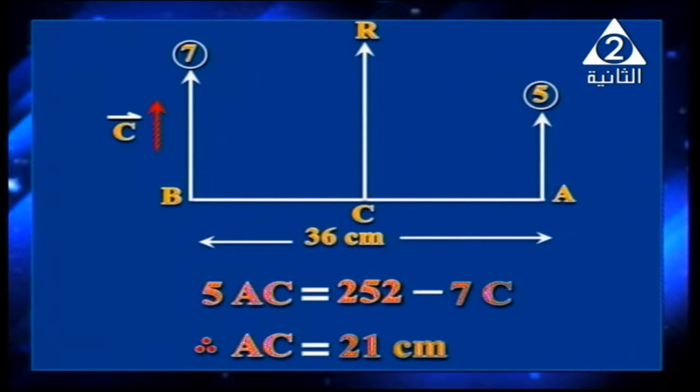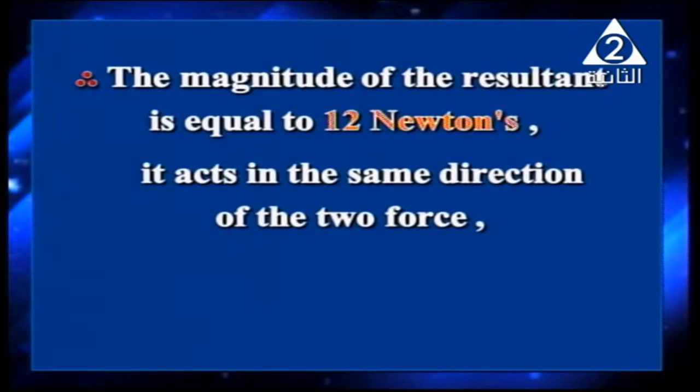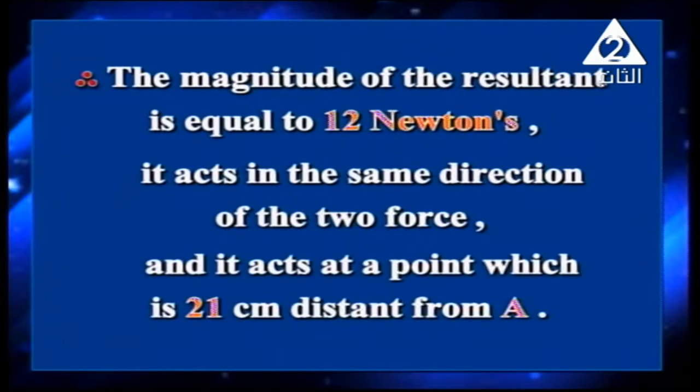This point is at a distance of 21 from A or 15 from B. The magnitude of the resultant is equal to 12 newtons. It acts in the same direction as the two forces, and it acts at a point 21 centimeters distant from the point A.